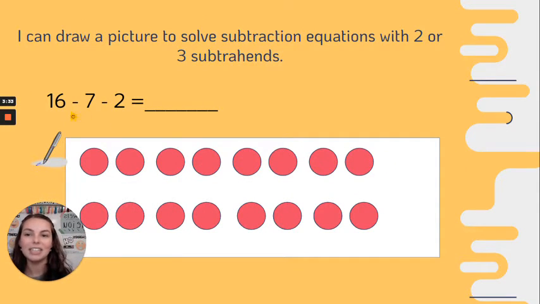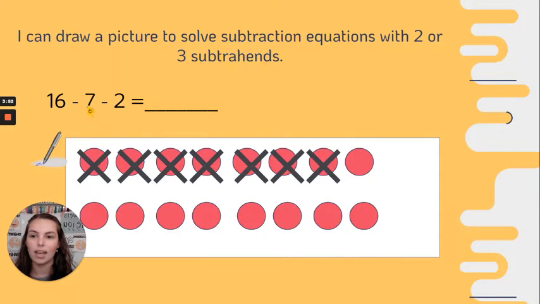So this is 16 minus 7 minus 2 equals, so how many dots are we going to draw? 7 dots? 2 dots? No, we need to draw 16 dots.